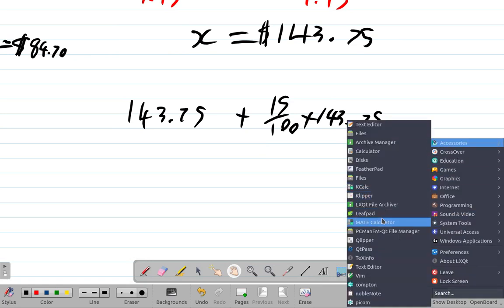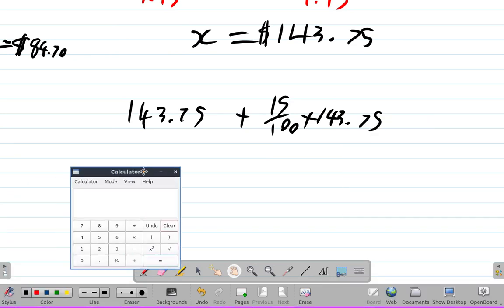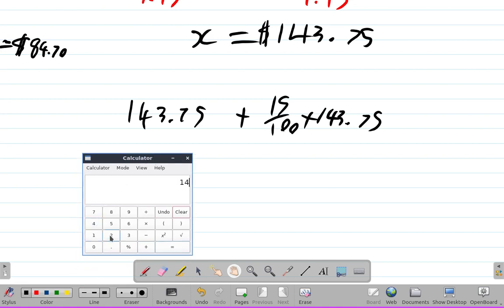If you do that, then you're going to say $143.75 plus 15 over 100 times 143.75, close bracket, equal. So you get your 165.31. Not exactly because we're after rounding off, but $165.31.